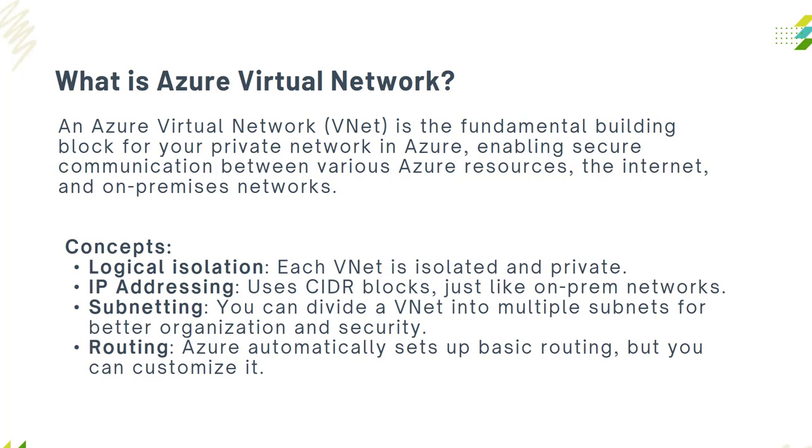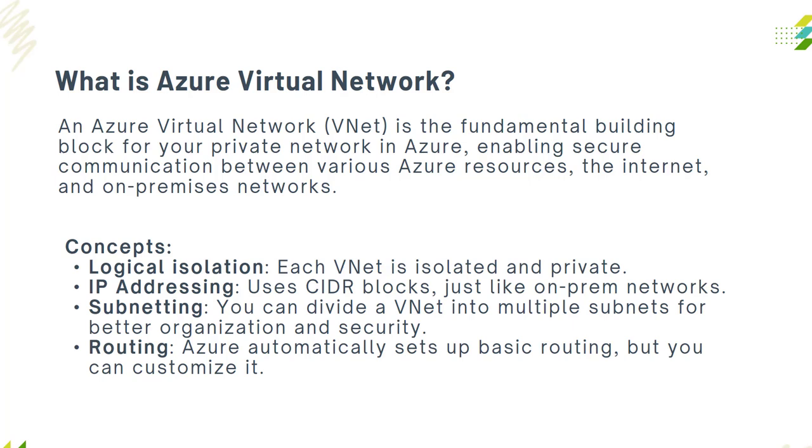You can have different connectivity, like a virtual private gateway or ExpressRoute, or VNet peering for cross-region network connectivity, which can be done in routing also.